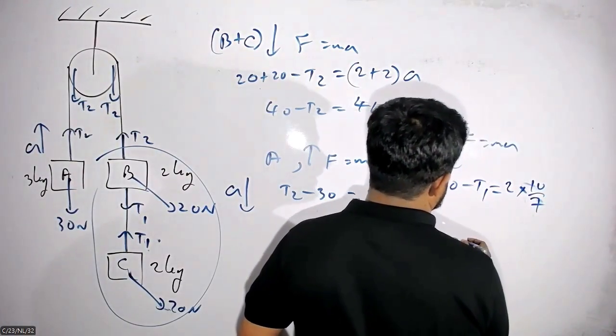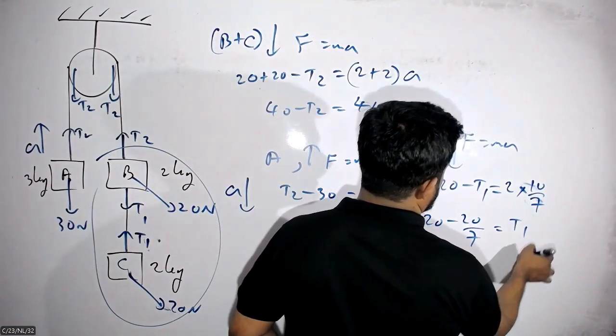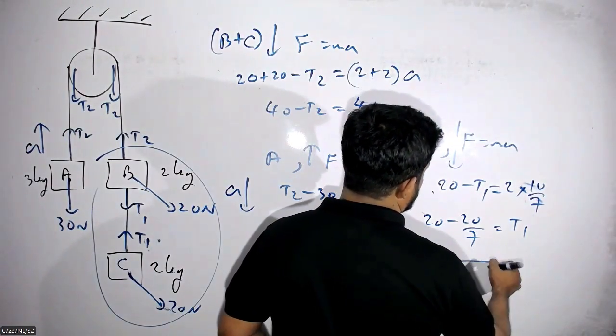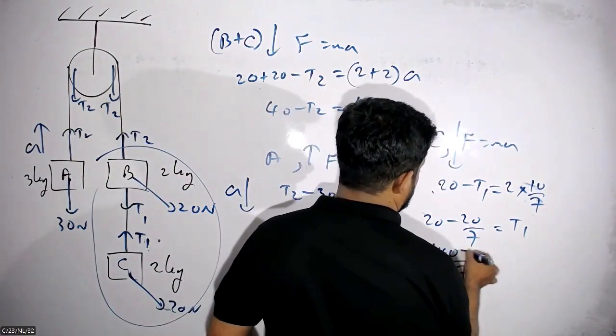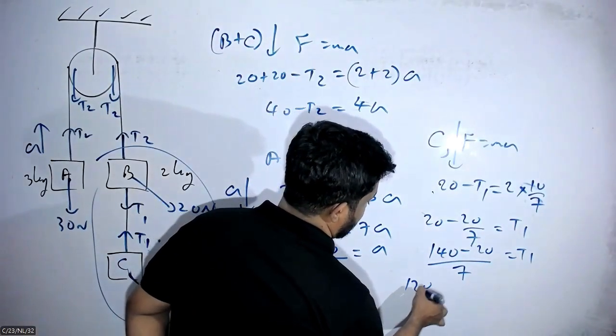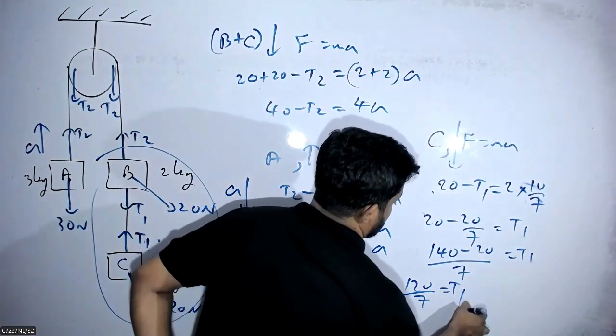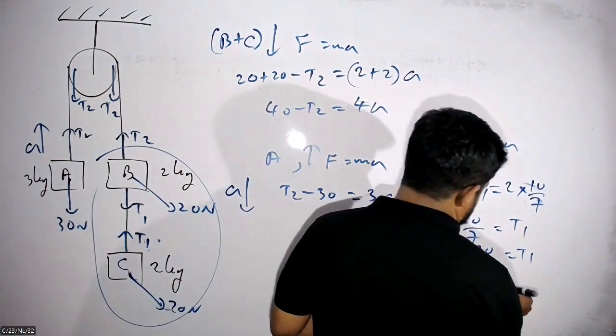Then the answer is 20 minus 20 over 7 is equal to T1. Taking 7 as the common denominator, 7 into 20, 140, minus 20 is equal to T1. T1 is equal to 120 over 7. Which one is the answer? 120 over 7. The fourth one is the answer.